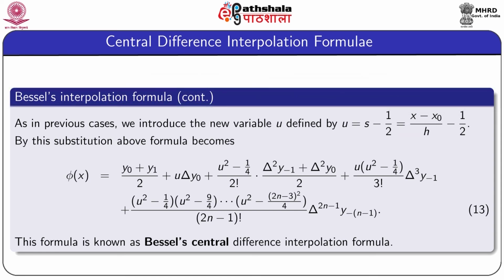Using this new variable, the above formula becomes y0 plus y1 by 2 plus u delta y0 plus u square minus 1 by 4 by factorial 2 into the average of delta 2 y minus 1 and delta 2 y0, and so on. This is called the Bessel central difference interpolation formula, the final form of this formula, and it is applicable for 2n, that means an even number of arguments.